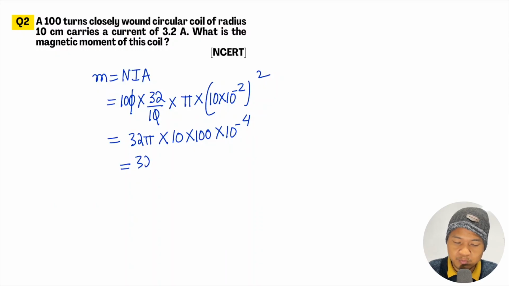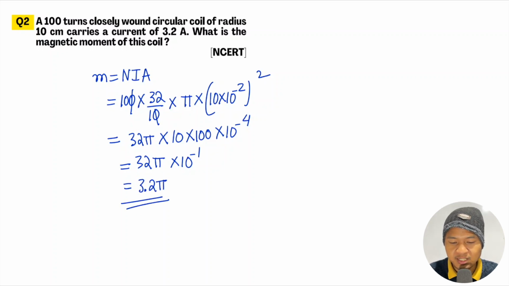So 32 pi into 10 power minus 1. So 3.2 pi Am square. For a detailed solution, put the value of pi and multiply. So the important thing is the formula.